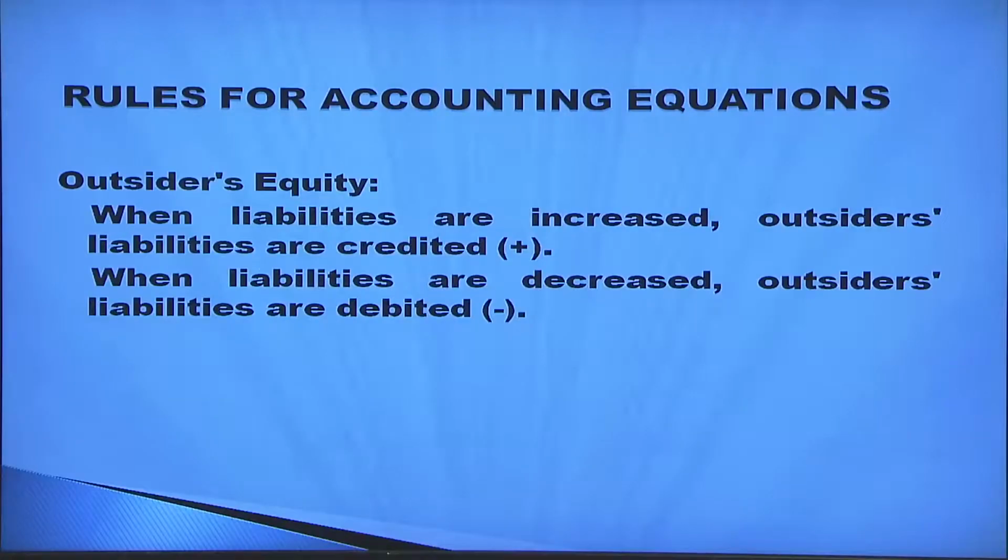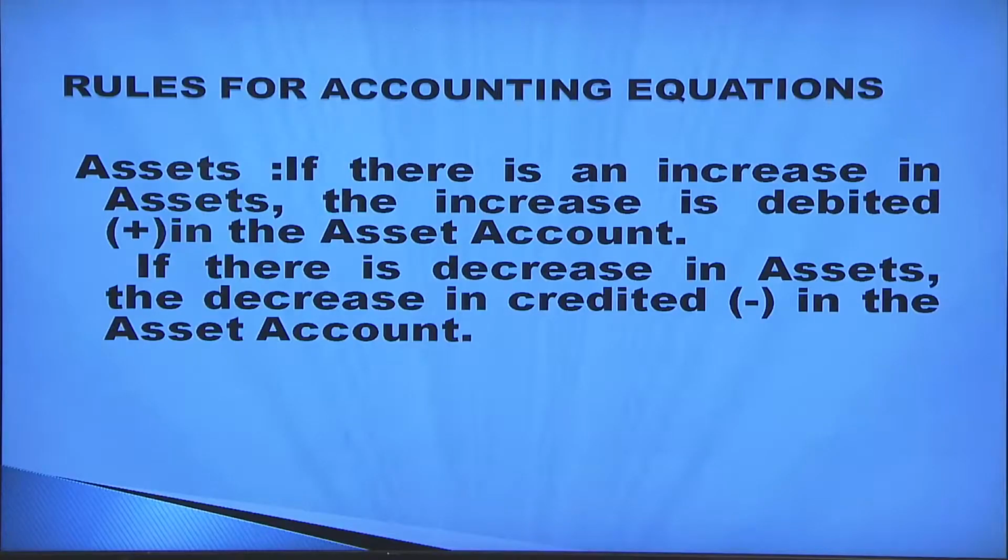When liabilities are increased, outsiders' liabilities are added. When liabilities are decreased, outsiders' liabilities are deducted. Assets: if there is an increase in asset, the increase is added in the asset column or asset account. If there is decrease in asset, it is deducted in the asset column or asset account.